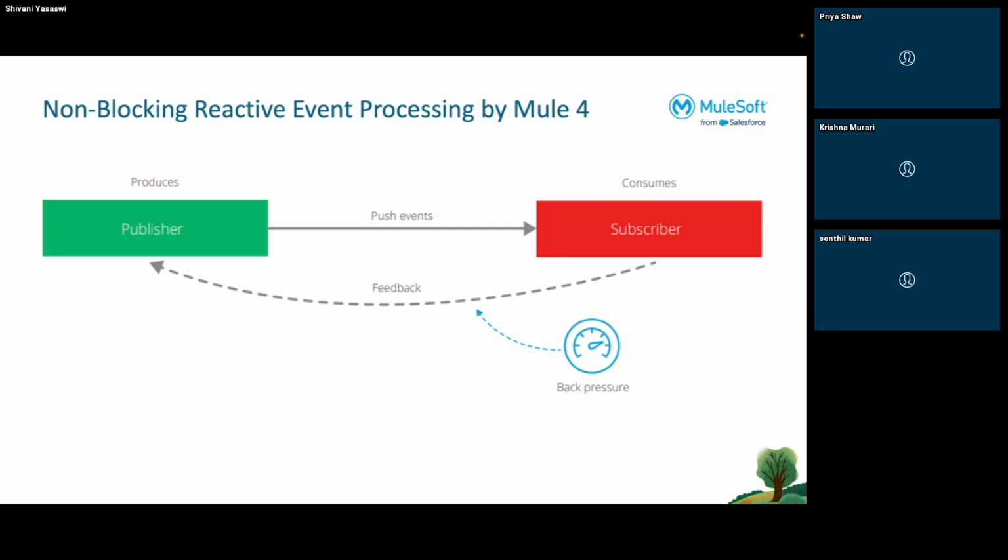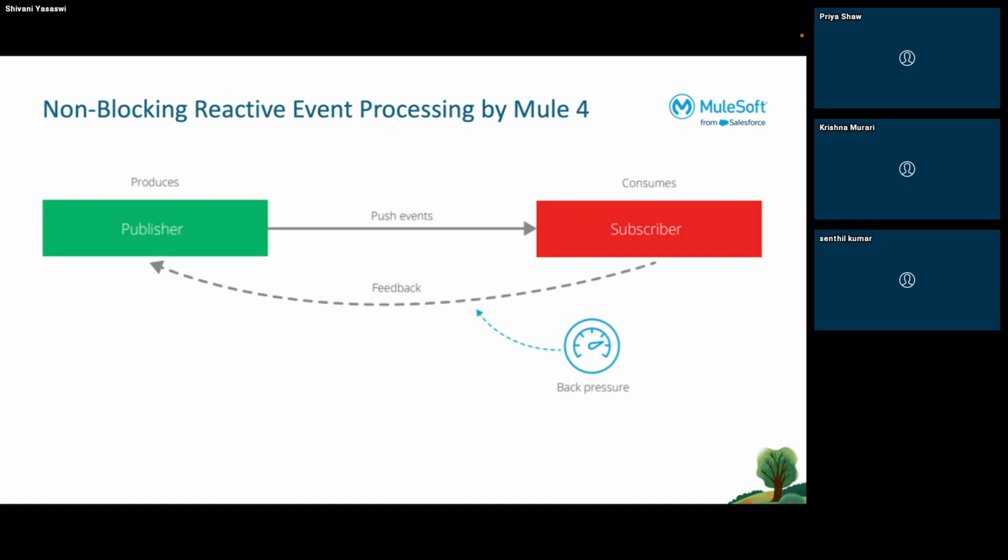Let's take an example. Let's assume that the thread pool has 10 threads. Now if the publisher is publishing, let's say, 5 events to the subscriber, there will be a scheduler in between.